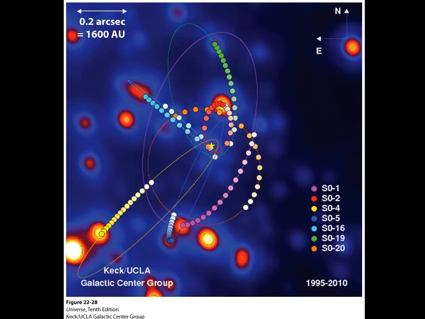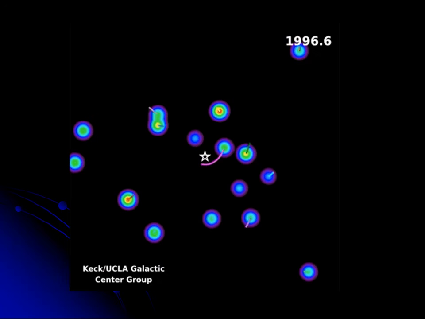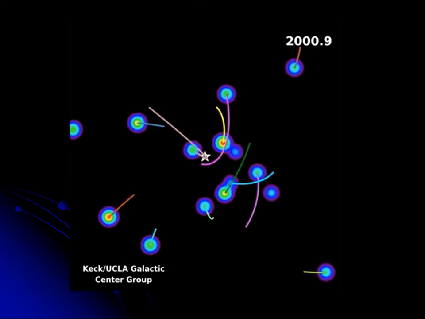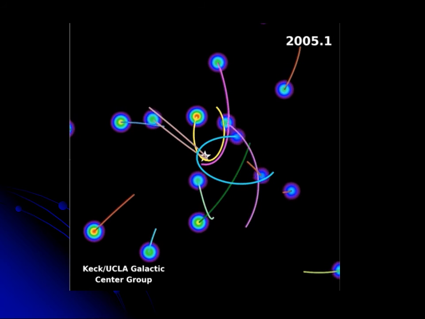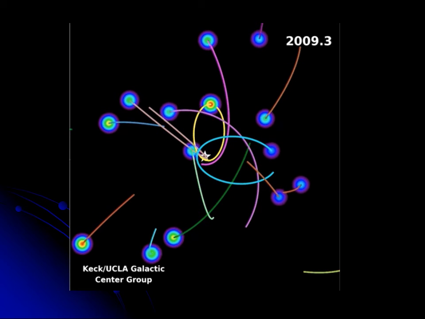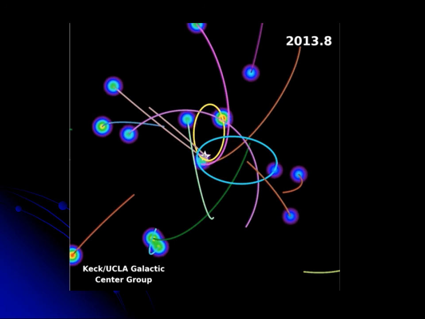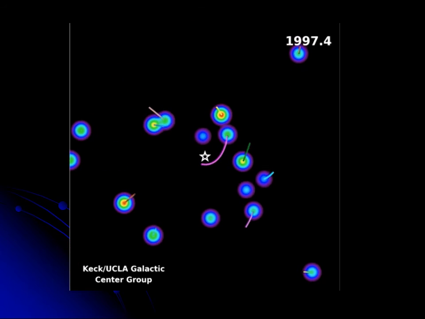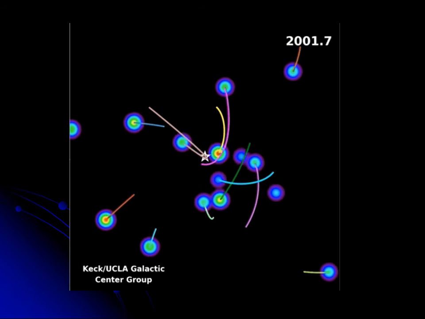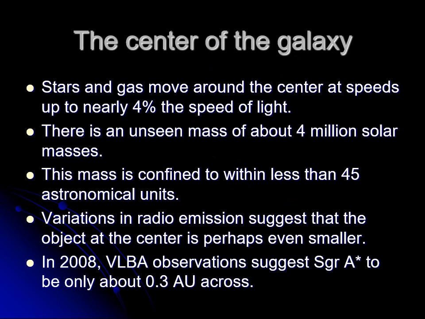And so again, for your book, here are these orbital motions. Again, this is a huge amount of motion for some of these. Here's an animation of the stars going around that spot near the center of the galaxy, and so that suggests again an enormous amount of gravity.